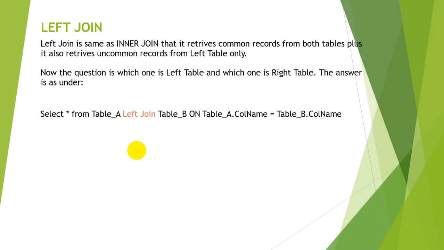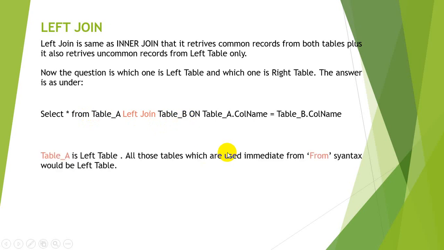So table A is our left table, because any table used right after the from keyword is the left table, and after the left join, table B is the right table.